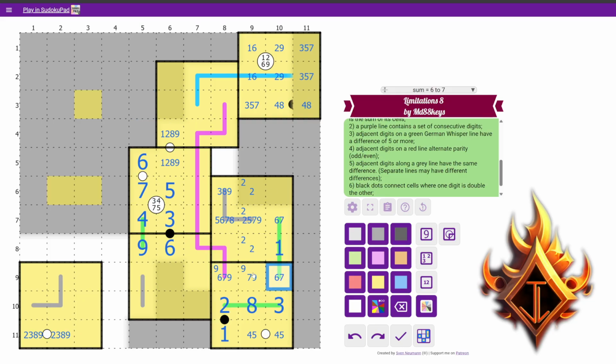The 6 went here. 6 would have to go there. Okay, and then 6 would have to go there. And then 2 and 1 would have to be here. It would make this 8 and 9.